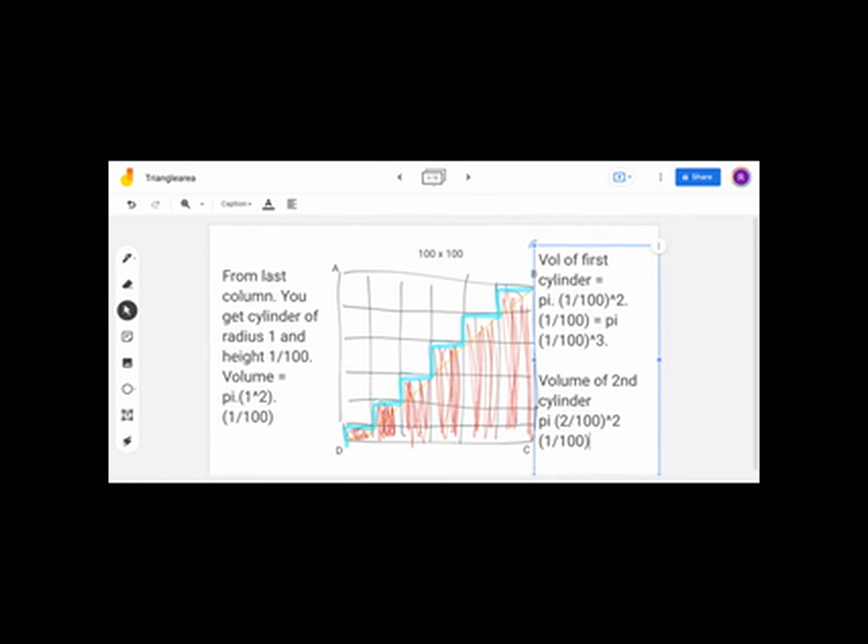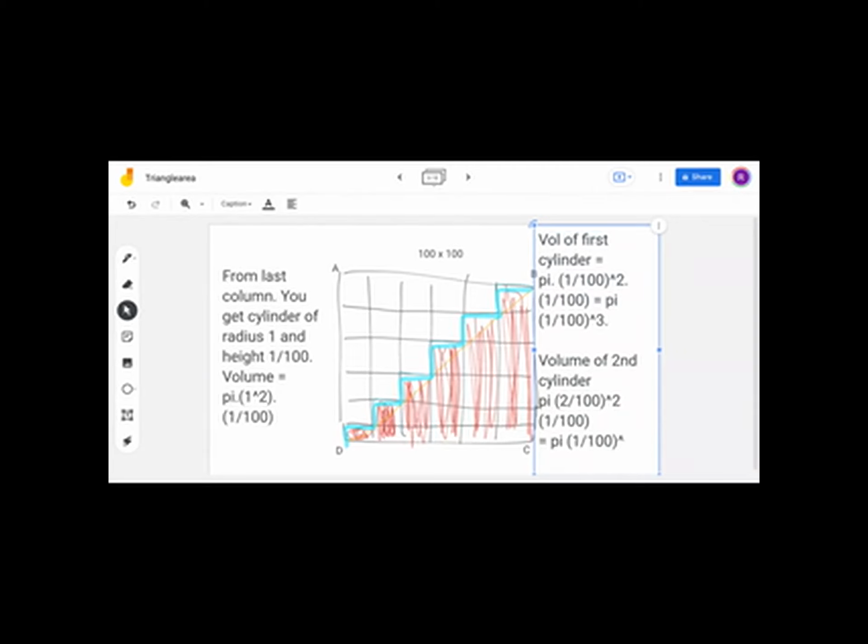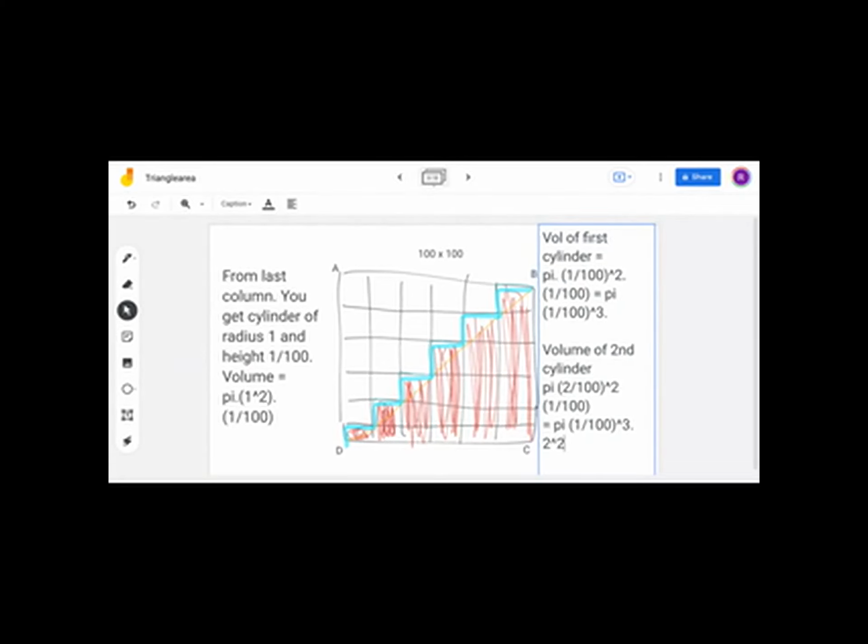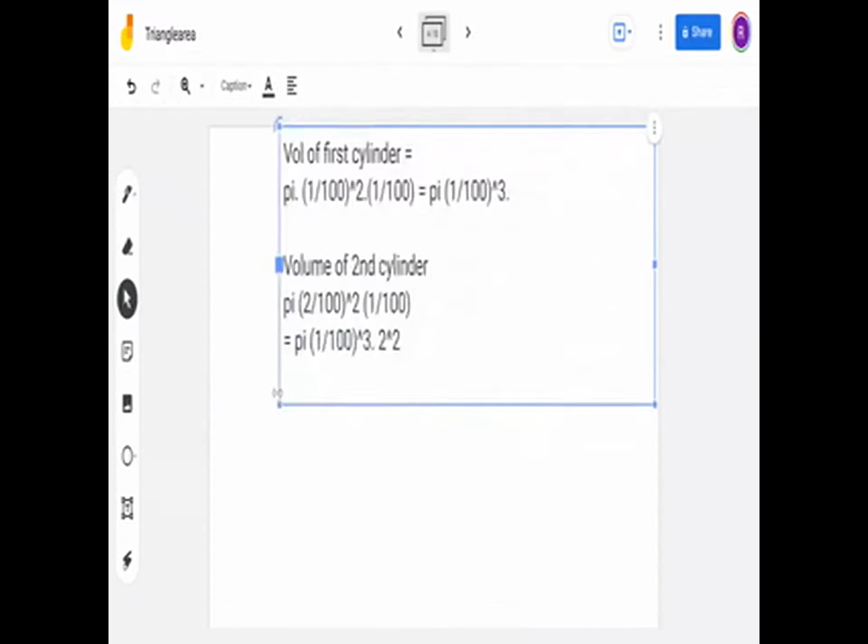And I can also write that as pi times 1 by 100 cubed times what? Let me take all the 1 by 100 outside. Then I get 1 by 100 cubed. And then what will I get from the 2? The 2 will become pi times 1 by 100 cubed times 2 squared. Correct? Is this correct?